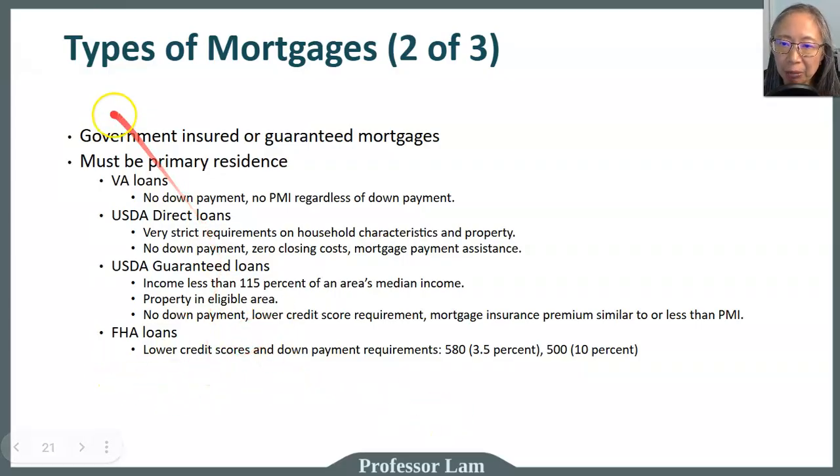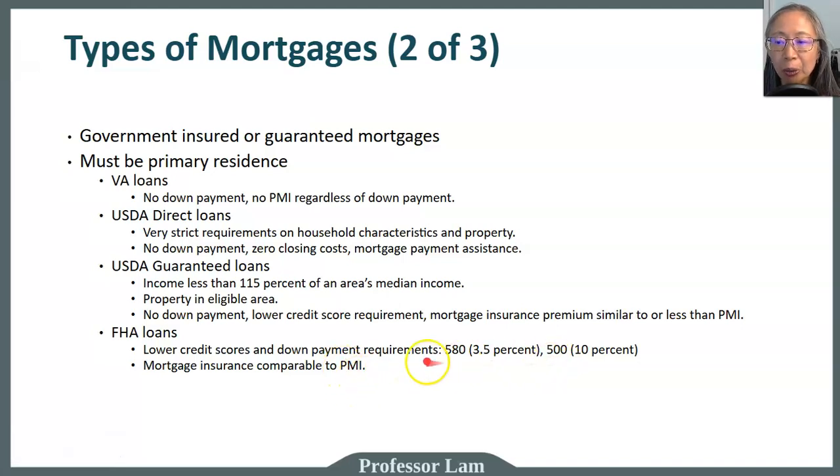Because this is a government guarantee, you do not require private mortgage insurance, but you do have to pay a mortgage insurance premium to the administrator, to FHA, and the amount of that insurance is comparable to a PMI, even though the borrower for an FHA loan has a much lower credit score.